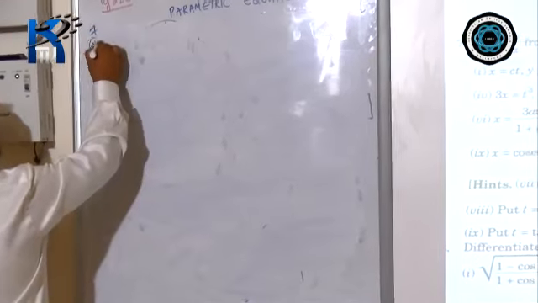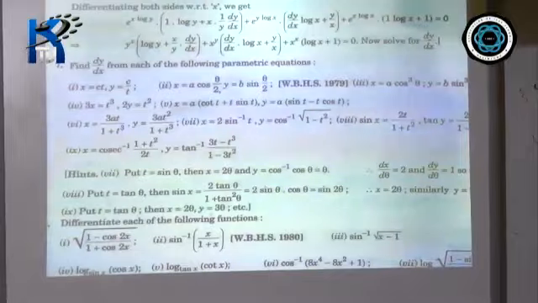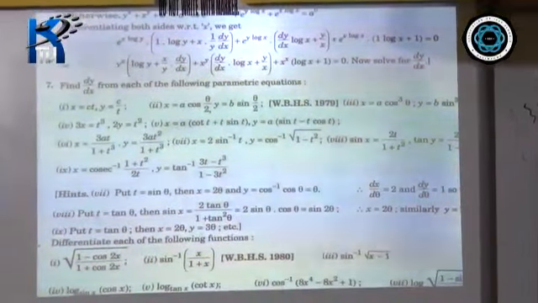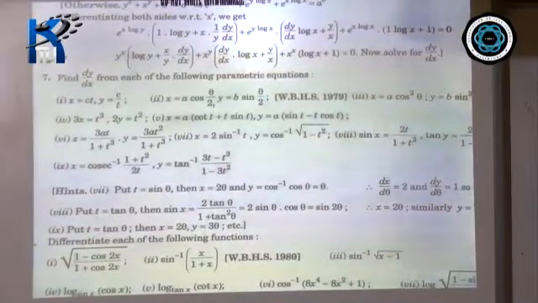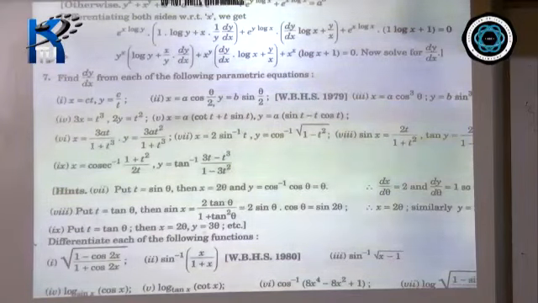Question number 7, subdivision 5. x equal to a, open bracket, it's not cot, sorry, it is cos t plus t sine t, and y equal to a sine t minus t cos t.